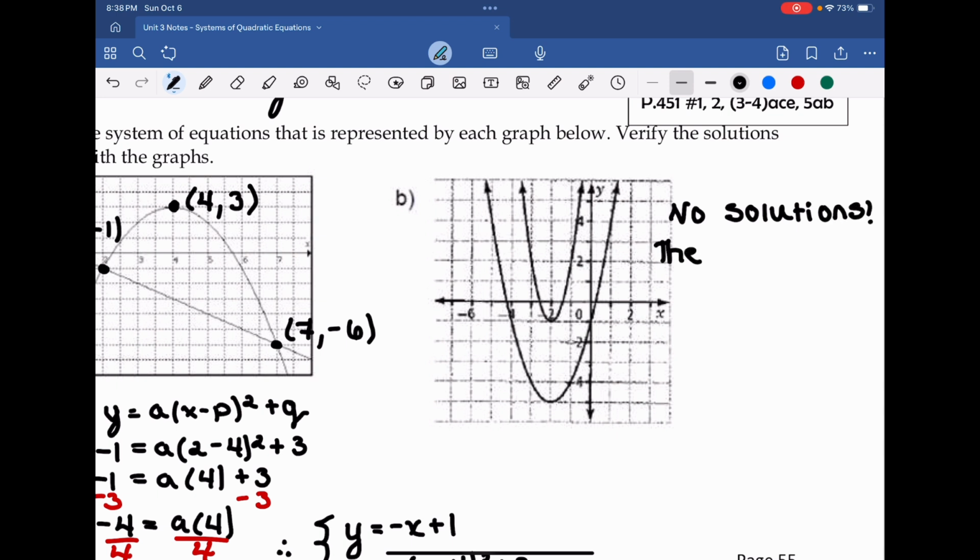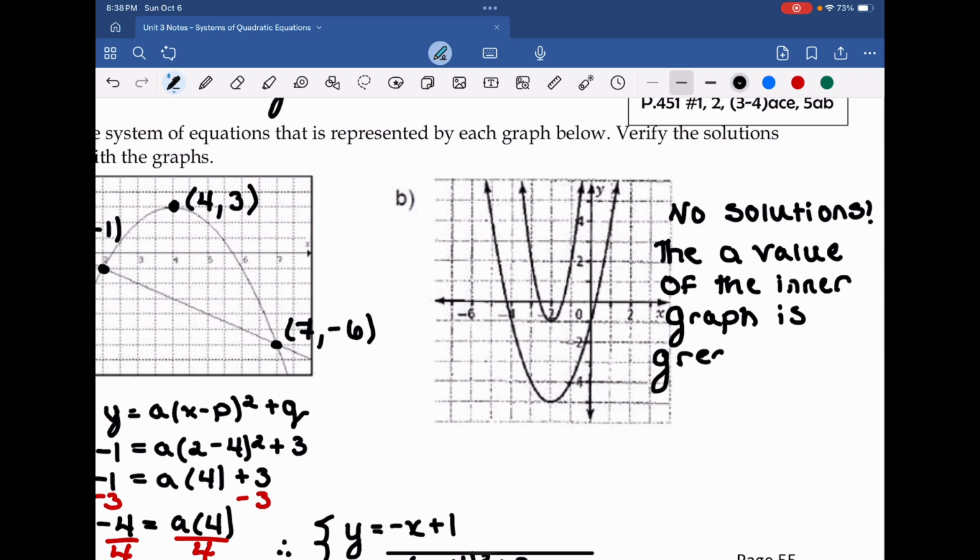The a value of the inner graph is greater than the outer graph.